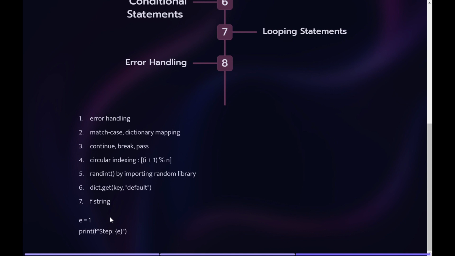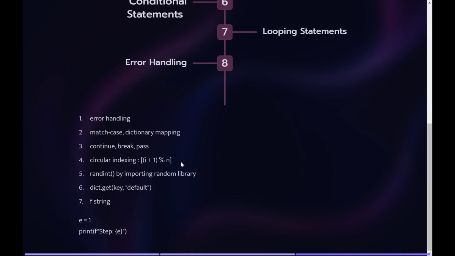That is attained by using either i plus 1 mod n or i mod n. I plus 1 mod n is more appropriate because, say you have only 5 elements in your list and it goes to 6, the mod returns the remainder. You get 6 mod 6 is 0, and then you come back to the 0th index.